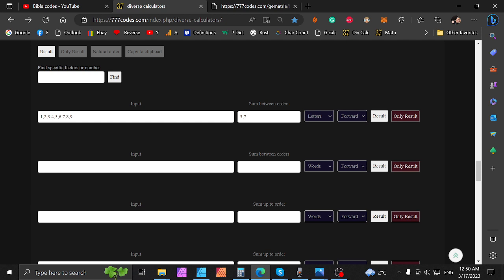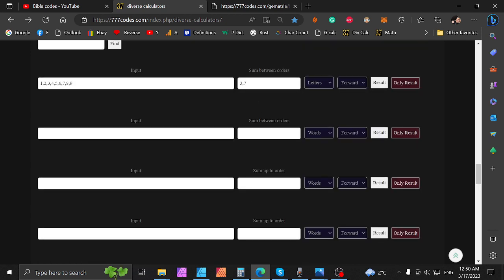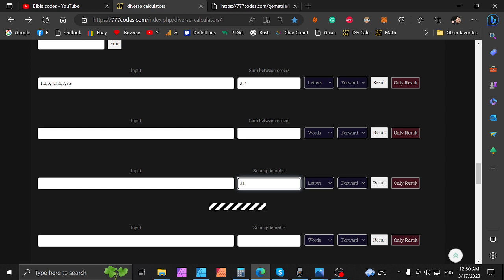Now, that was the first type of calculator of this group. The second is the sum of the order calculator. And again, let's say I want to add all letters up to order 21 here. It does that here.